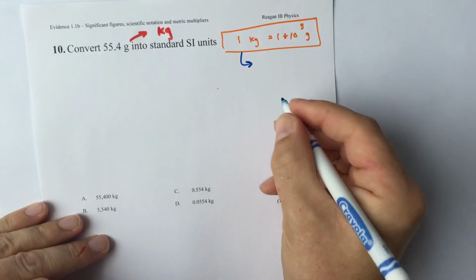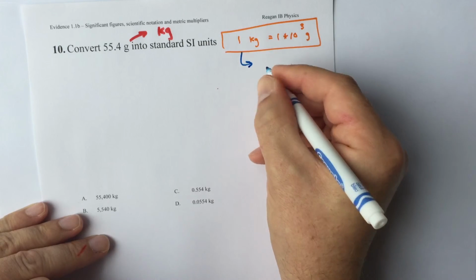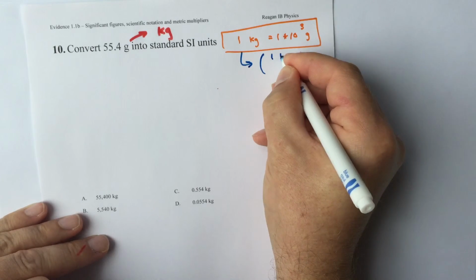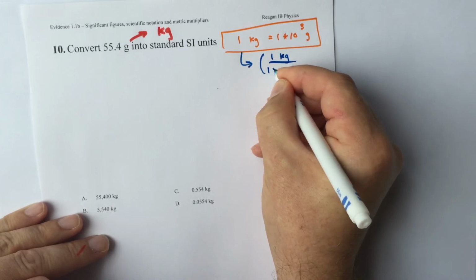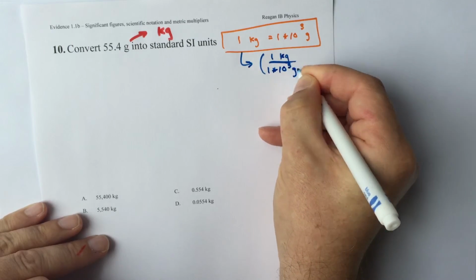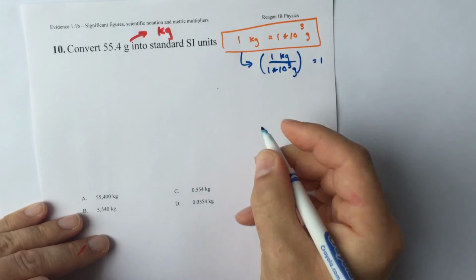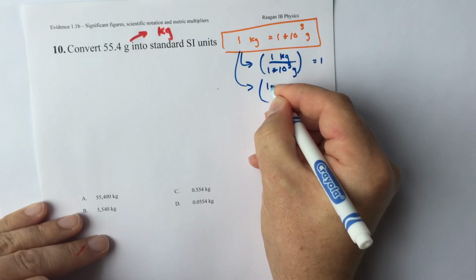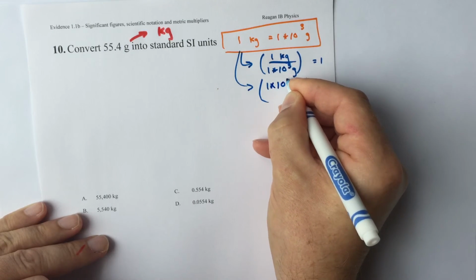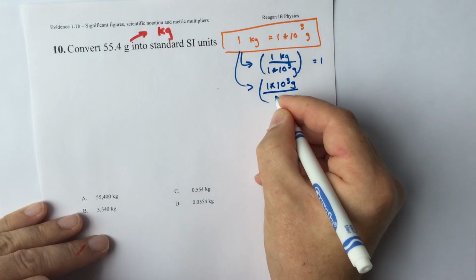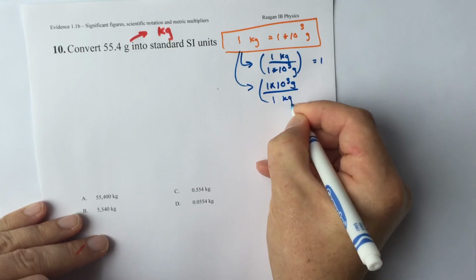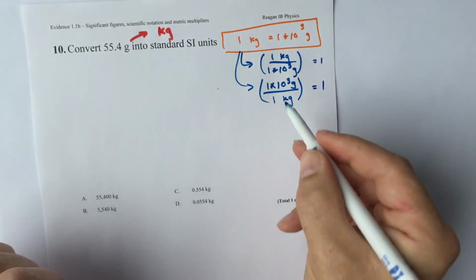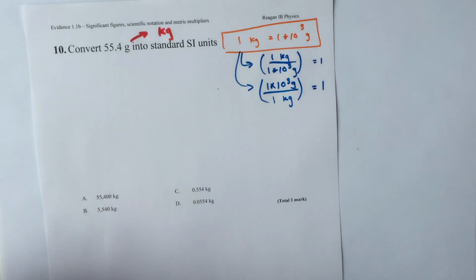We could make two fractions out of this. One looks like this, 1 kilogram over 1 times 10 to the third grams. That's equal to 1. Or we could also write 1 times 10 to the third grams over 1 kilogram. That's also equal to 1. Either one of these two fractions will work.